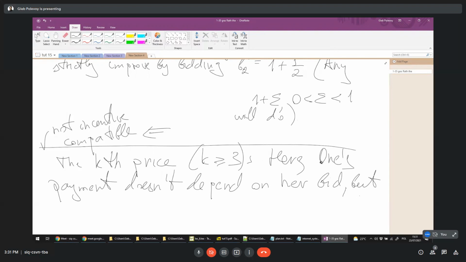So if a person bids less than the second highest bid, then they are going to lose, right? Exactly. So here the lack of incentive compatibility stems from the fact that you can actually deviate from the truth and change the guy who wins profitably.